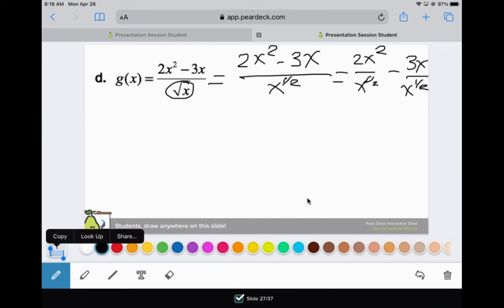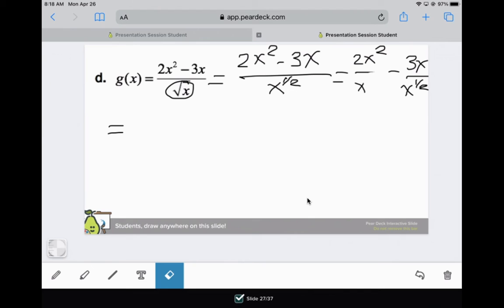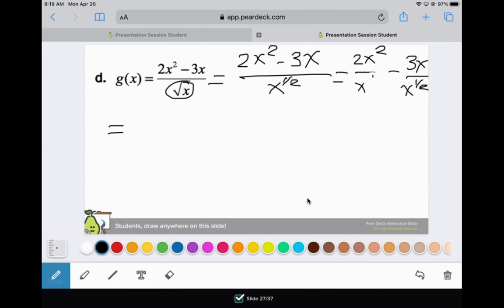Here's a question that I'm going to ask you. Do we remember, when we divide, what do you do with the exponent? Anyone remember? So if I have to simplify this one, what do I do? Subtract? Yes, we subtract the exponent.